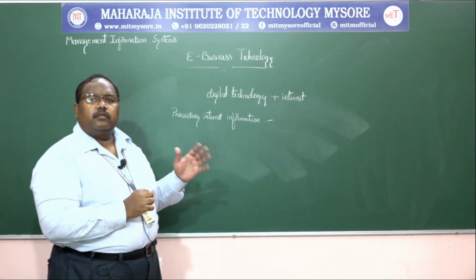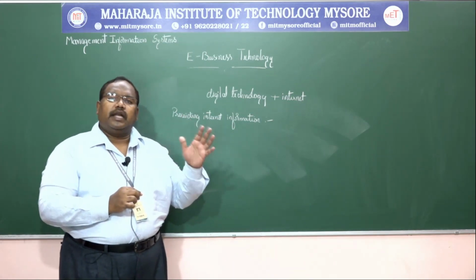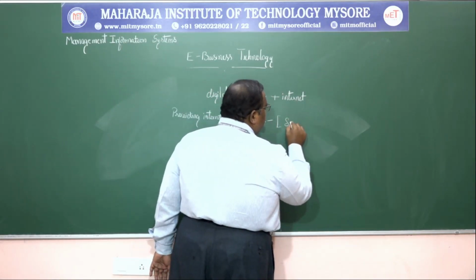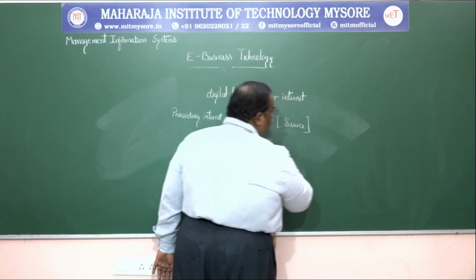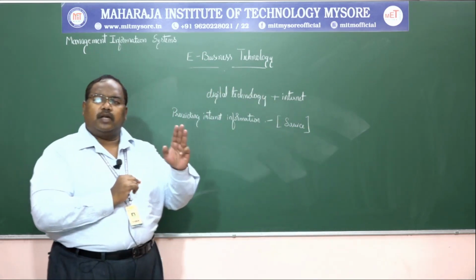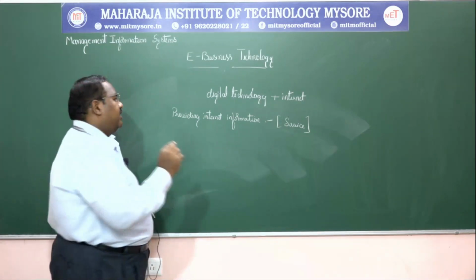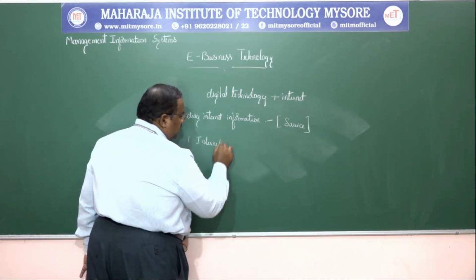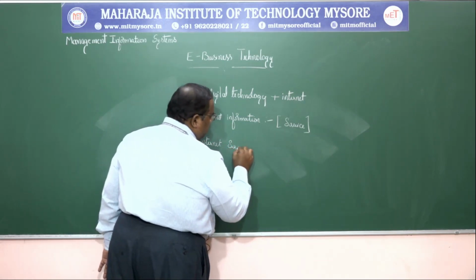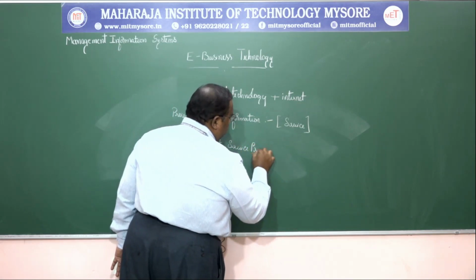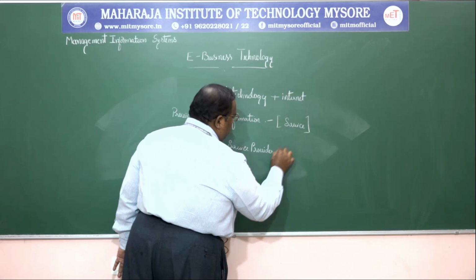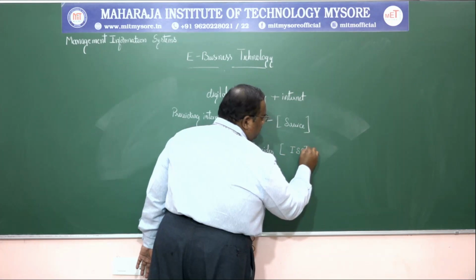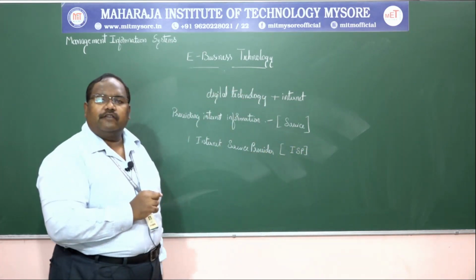So this internet information can be categorized by service provider. Internet is nothing but a service, so it can be categorized into three parts. First one is the internet service provider itself. We call it ISP in short, which means internet service provider.